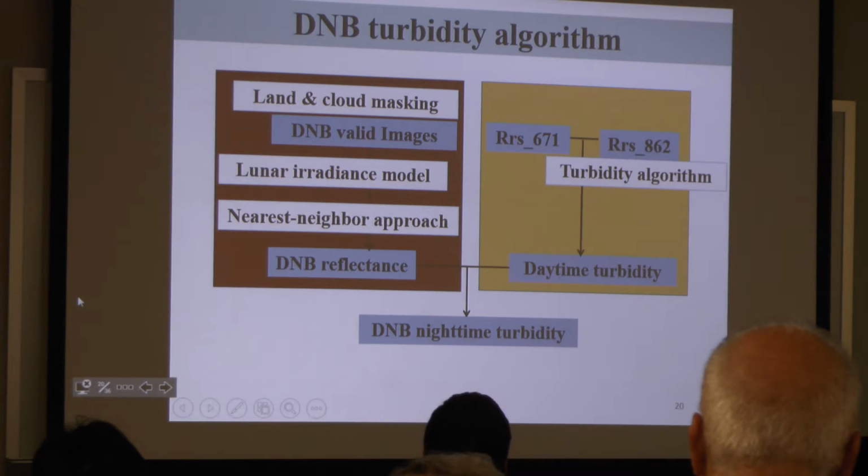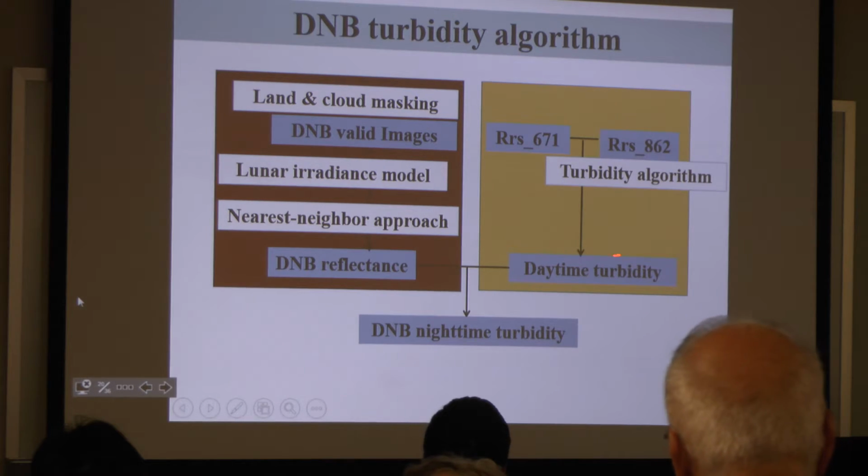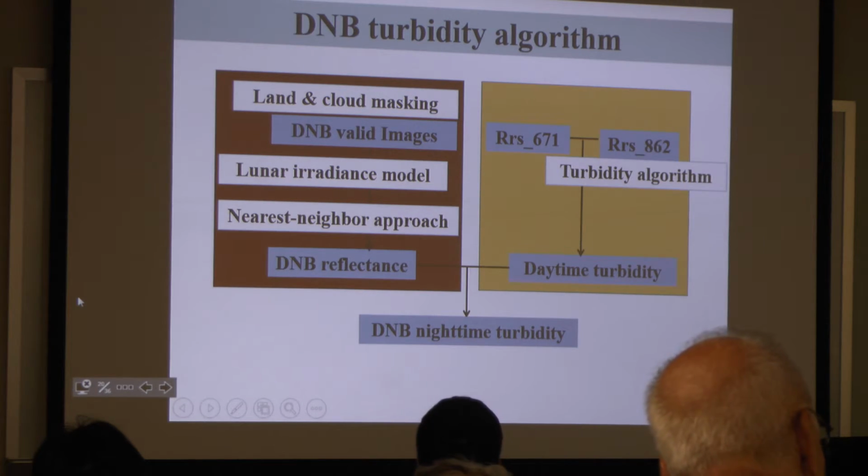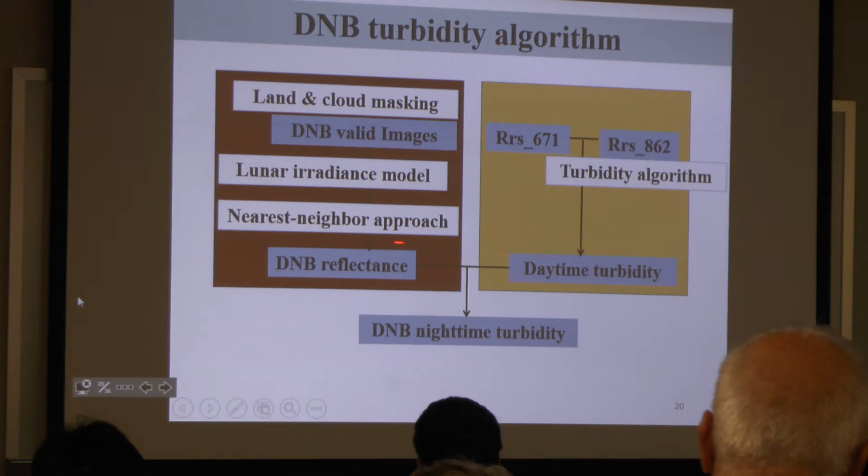Daylight band reflectance can be made through the lunar irradiance model and nearest neighbor approach. Daytime turbidity can be made through the two red reflectance bands with a turbidity algorithm. After matching the daylight band reflectance and daytime turbidity, we can find the algorithm to estimate nighttime turbidity.